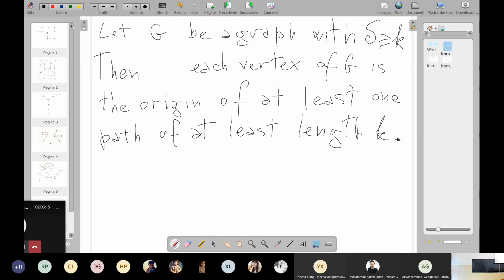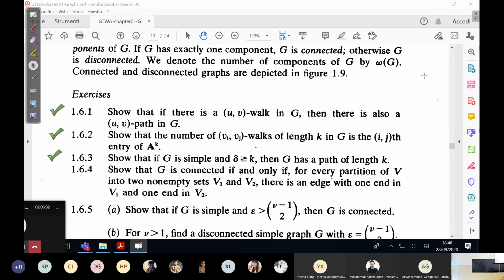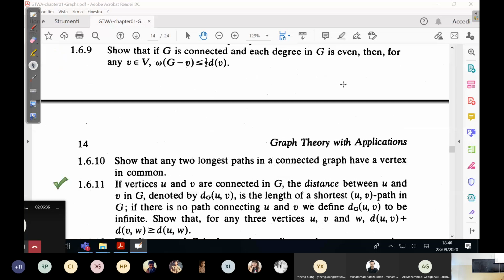This looks stronger, but it is not. And if you want to prove it by a proof by induction, this is the nicest way, I think, to do it. Okay? So there you will see whether you actually know what a proof by induction is. Okay?